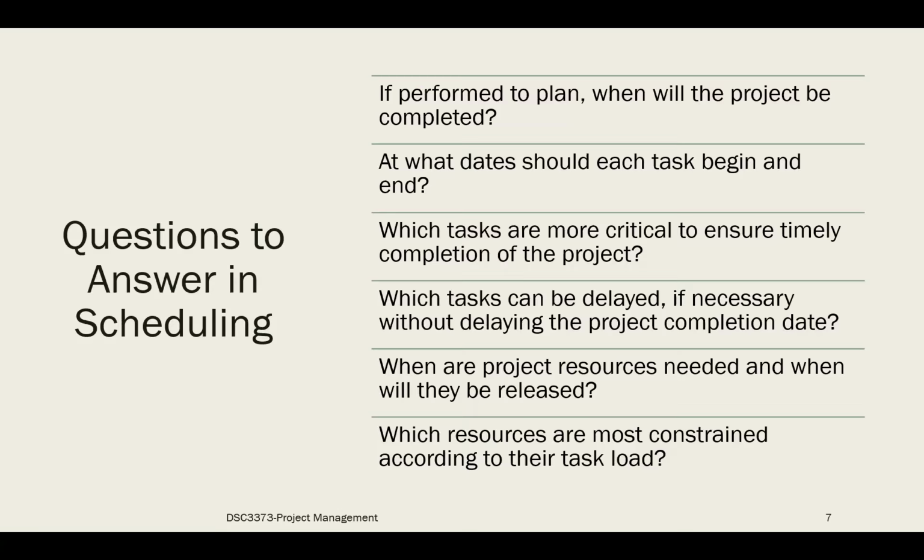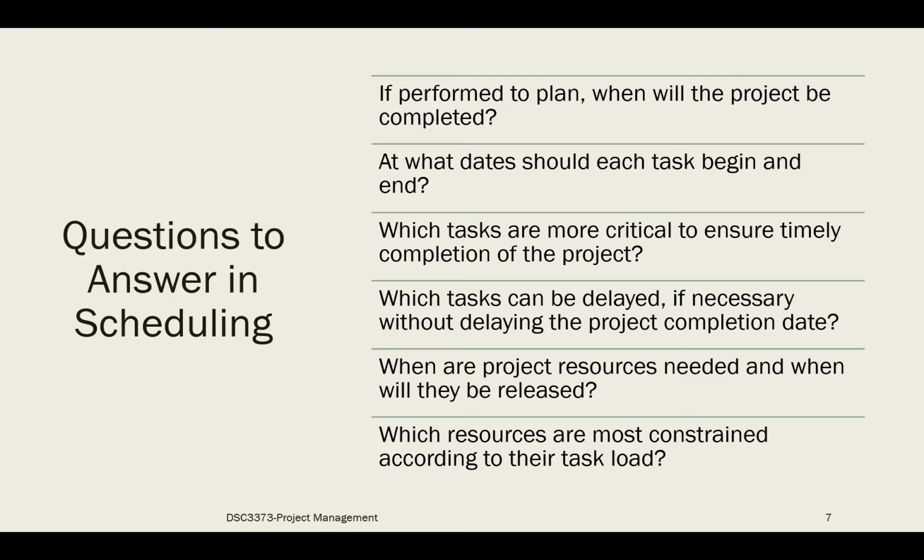Then you will have to find out at what dates each task should begin and end. So for every task, you have to specify a start date and an end date. And which tasks are more critical to ensure the timely completion of the project, right? This is where you identify the critical path.